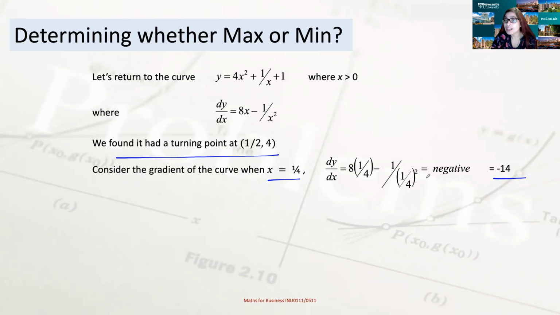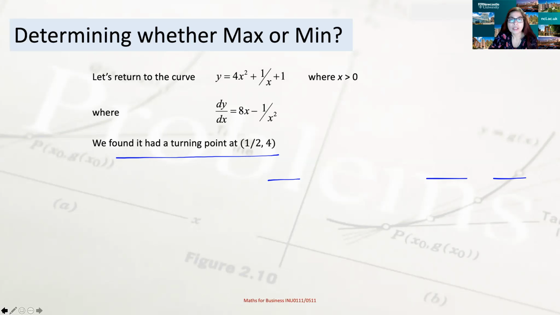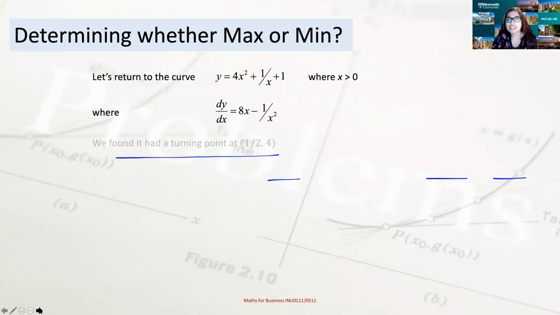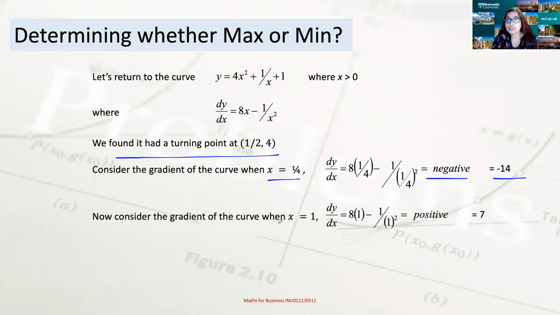Look at that. This value is negative, so your gradient is negative. It's negative, then minimum, then positive. At this point it is negative, and I'm going to take another point which is bigger than this value: one point above and one point below. Below we have taken x equal to 1/4, and above we have taken x equal to 1.